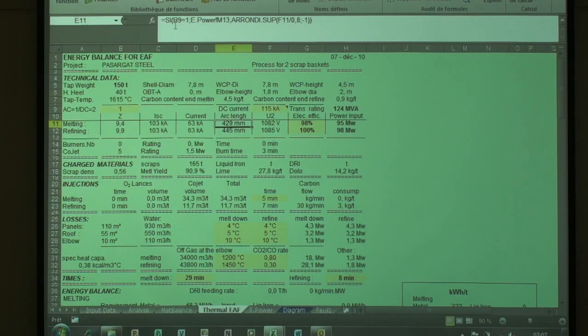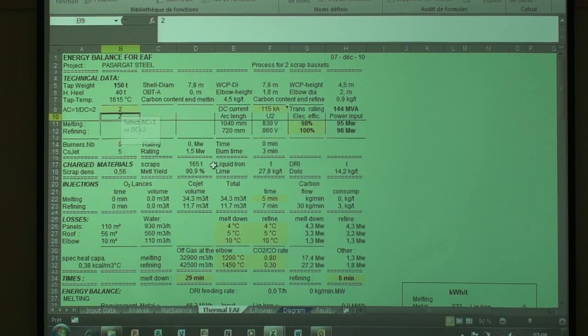Arc length, if you have B9, this is 1. So you take this formula in this case. Same for cosinus phi, equal to 1 for the DC furnace. So it's easier. If I put 2 here, I'm using this value. 2 is DC.